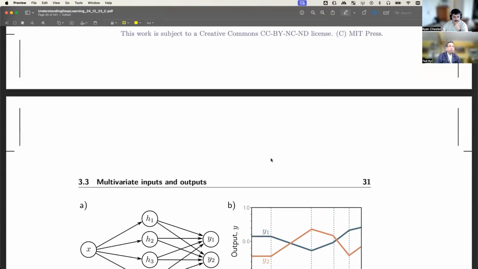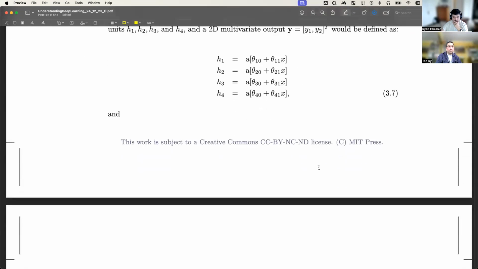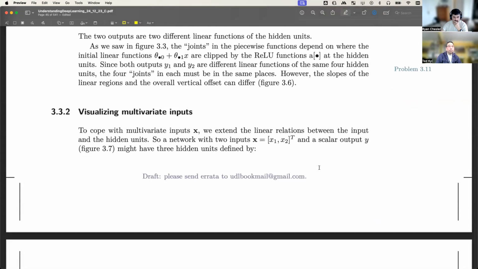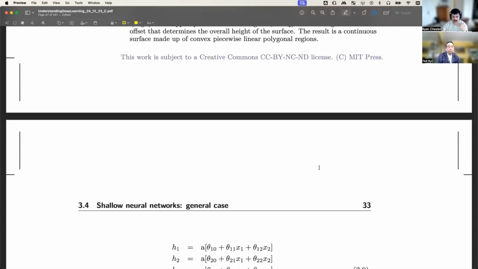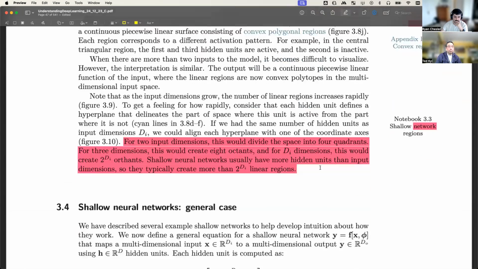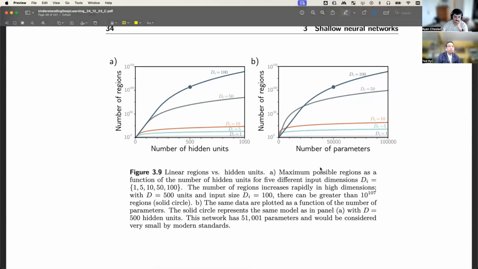So I think those visualizations explain a lot of what's in the book, just understanding the flow of information and the nonlinearities, and then the different regions and faces that it will create. So on top of that, this is what Ted was mentioning, where as you go up in the number of units and parameters, it will plateau off eventually because it doesn't scale linearly.